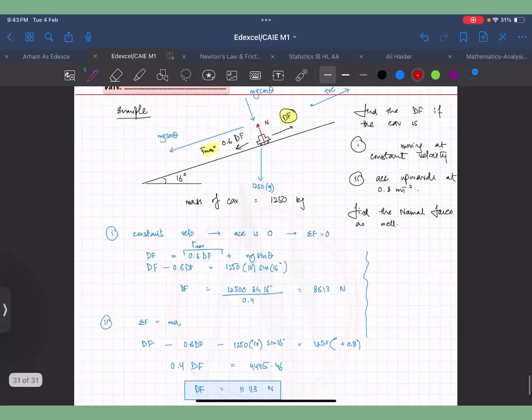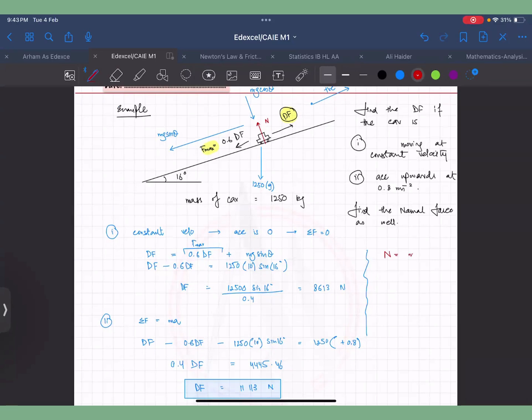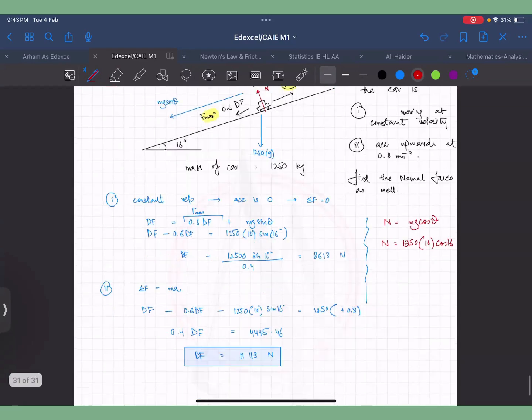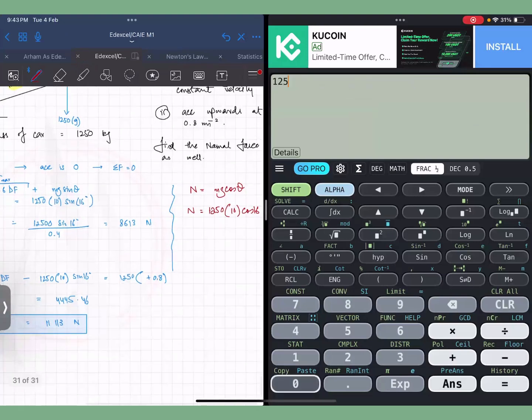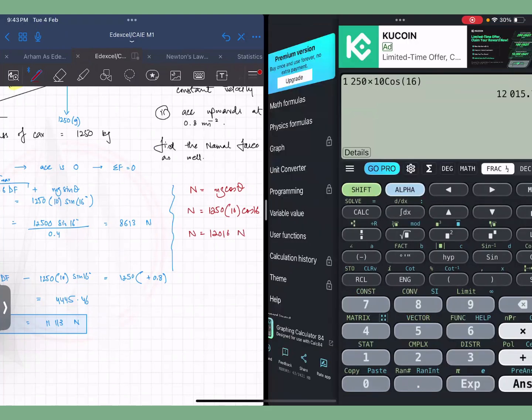So normal force equals mg cos theta, which would be 1250 times 10 times cos of 16, which would be how much? 12016 Newton. This is your final answer.